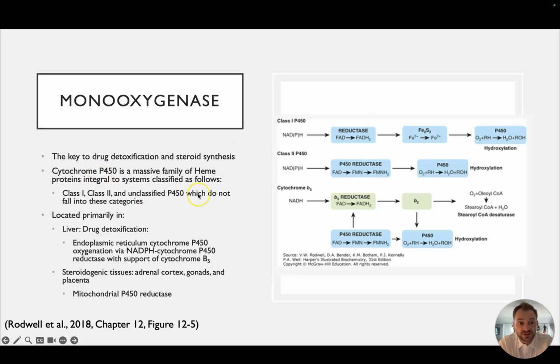They're classified into a couple different classes, namely class 1 and class 2. And then there are also unclassified systems, which are very important in detoxification of drugs in the liver, which happens in the endoplasmic reticulum via the reduction or the oxidation of NADPH.